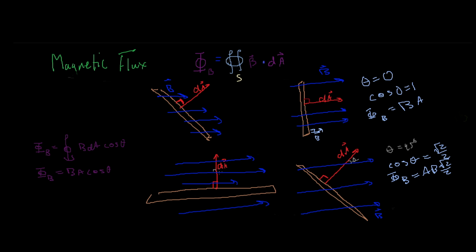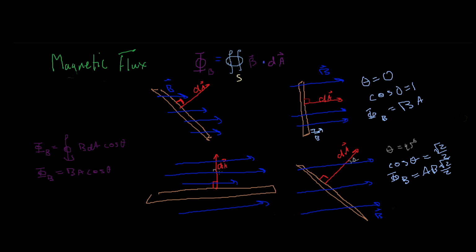Lastly, let's look at this one at the bottom. We can see that this one's kind of different. The surface is flat on the ground, it's horizontal, and its perpendicular area vector is going directly up.